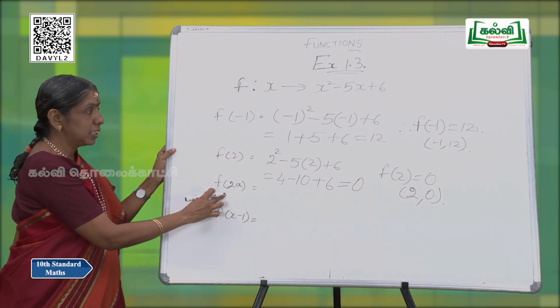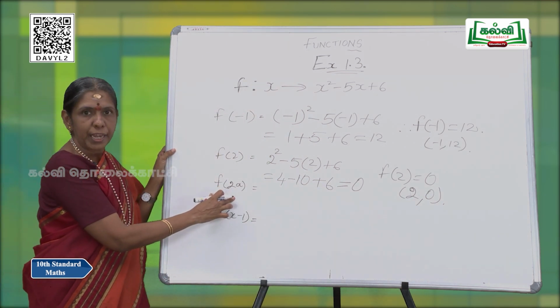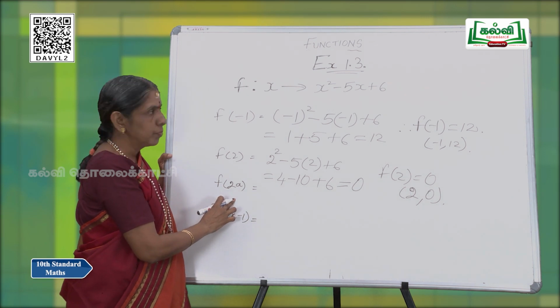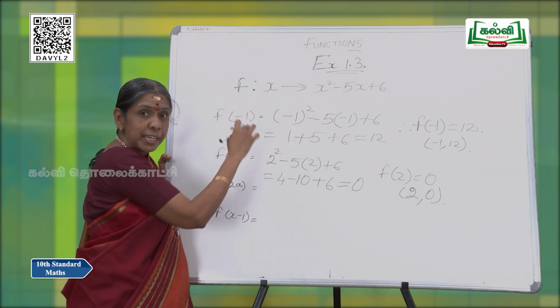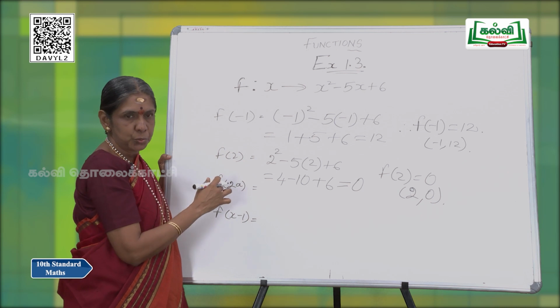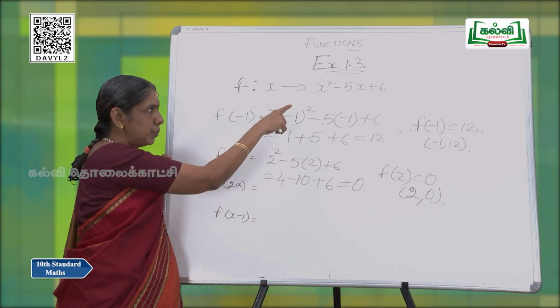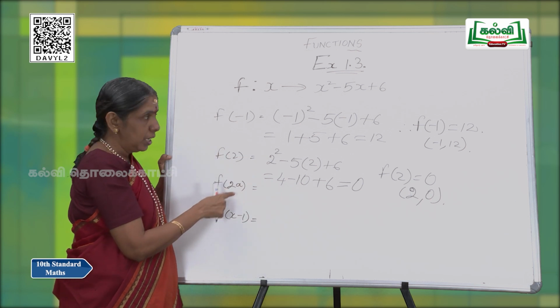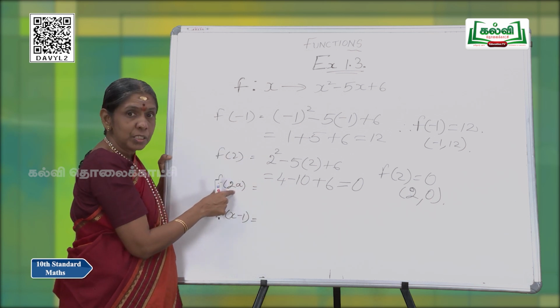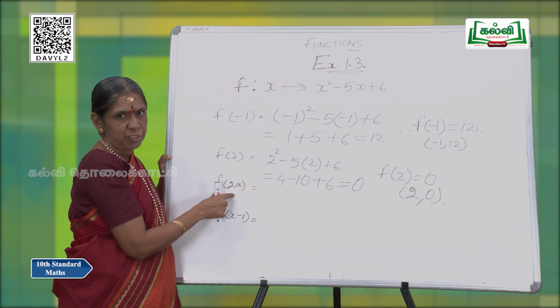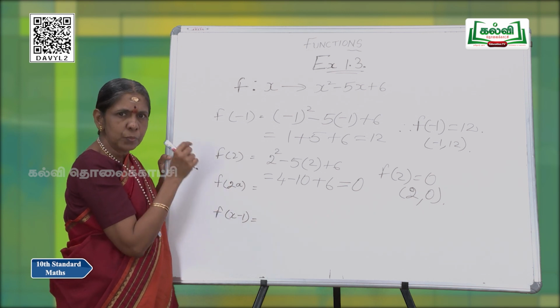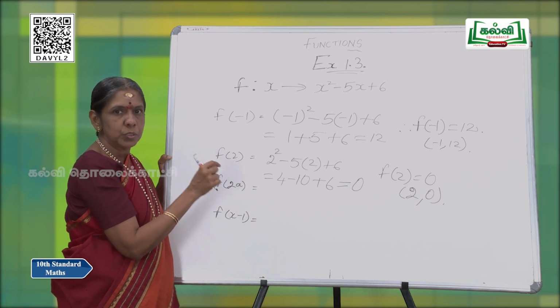Now, coming to the third answer, f of 2a. In the place of x you have to replace 2a. Here you have to note that a is again a variable, x is also a variable, but what is the functional value here? The function of 2a you have to find out. That means, wherever you have x, replace it with 2a.